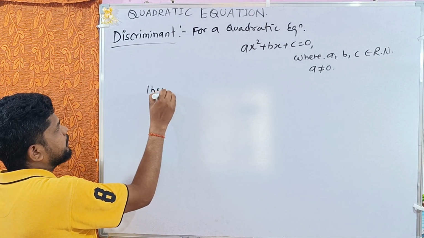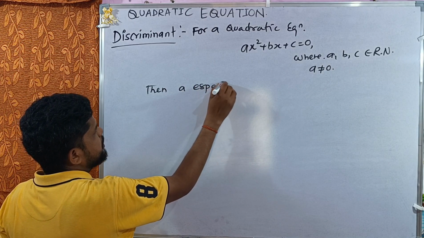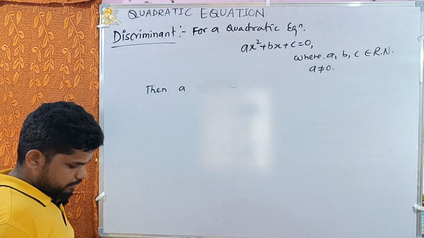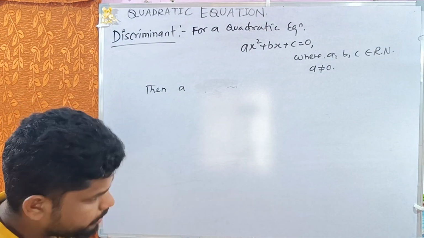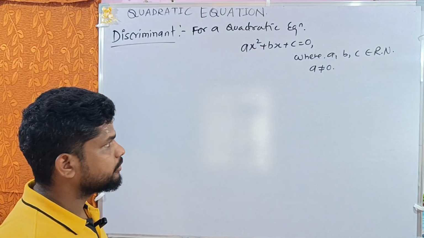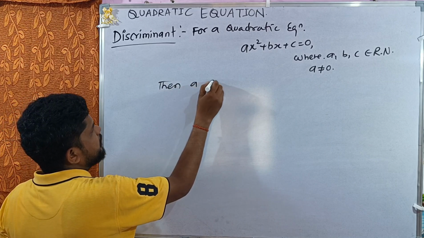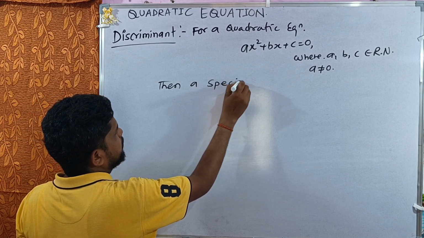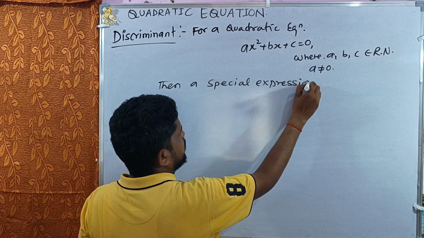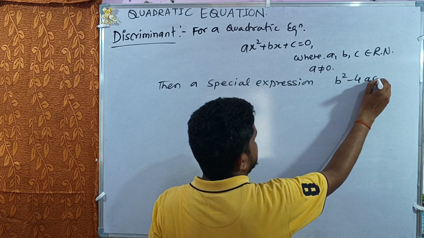Then a special expression which is b square minus 4ac.